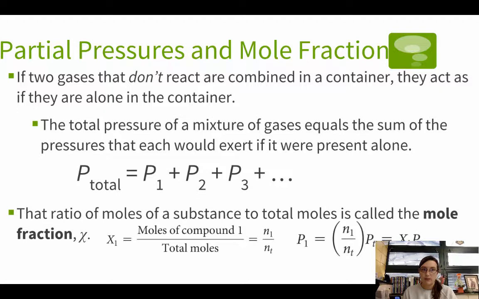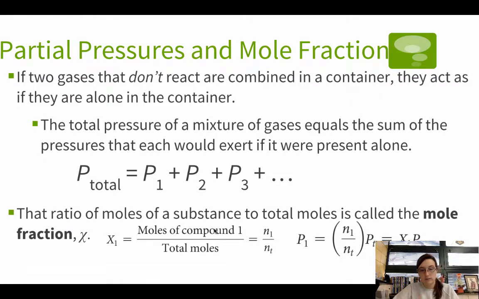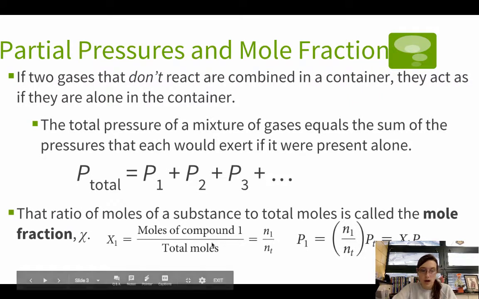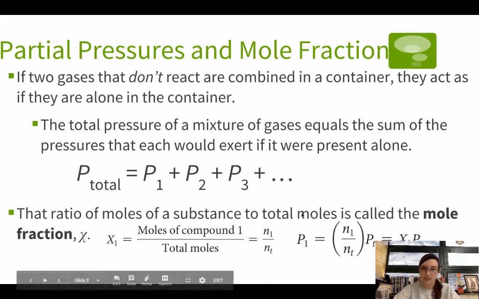Now, another way that we can find partial pressure is using what's called the mole fraction. The mole fraction is exactly what it sounds like. It's essentially the fraction of moles in a container. So if you have oxygen and argon mixed together, you have 5 moles and 5 moles. Your total moles is 10. You have 5 moles of oxygen, so 5 divided by 10 is 0.5.